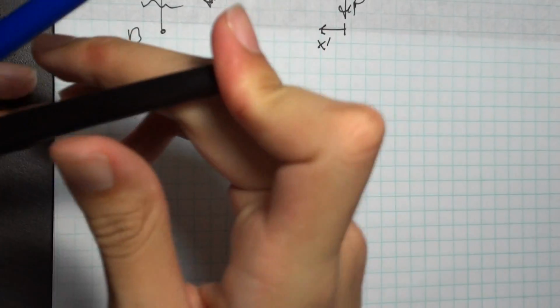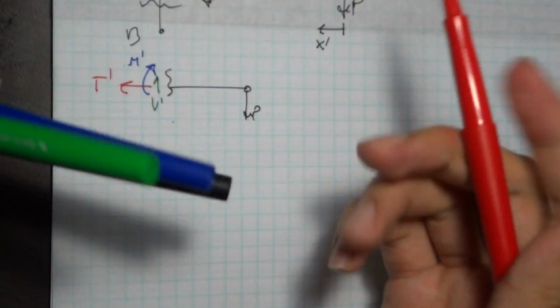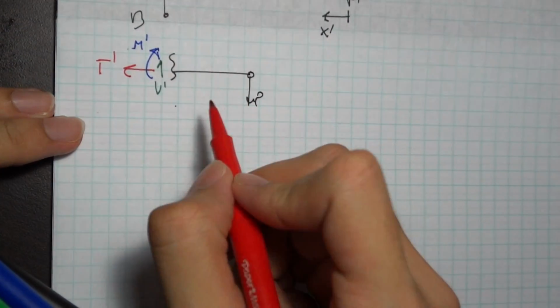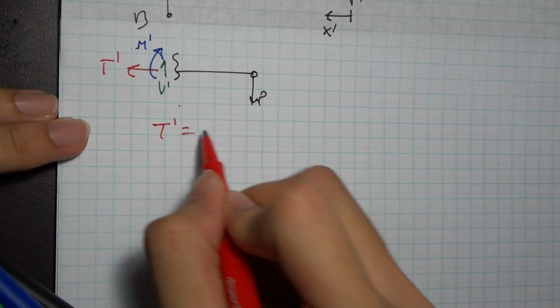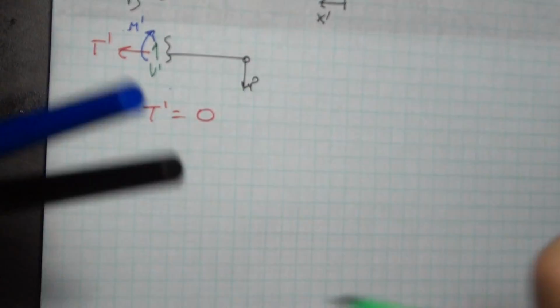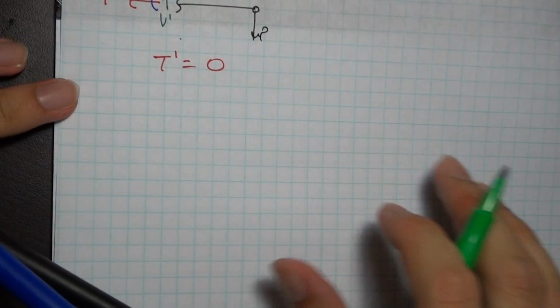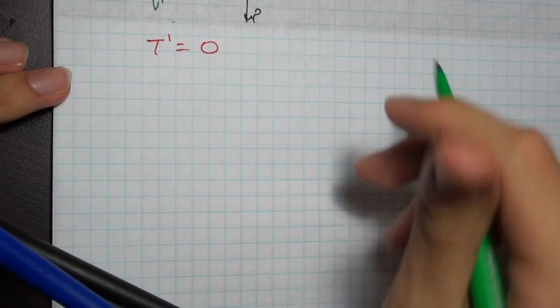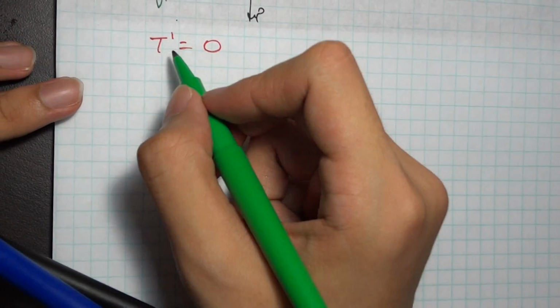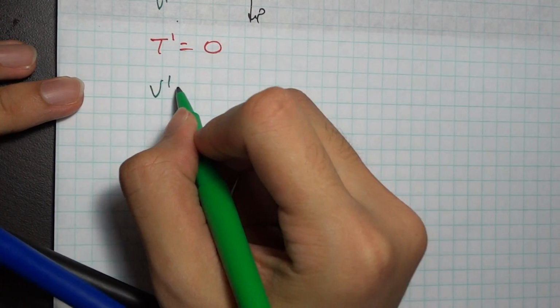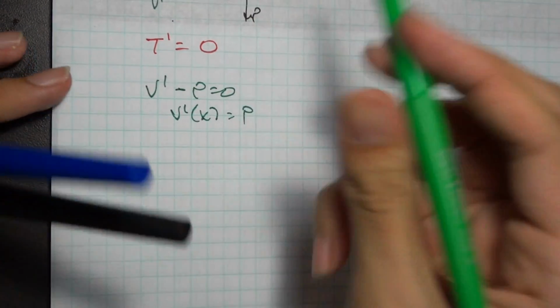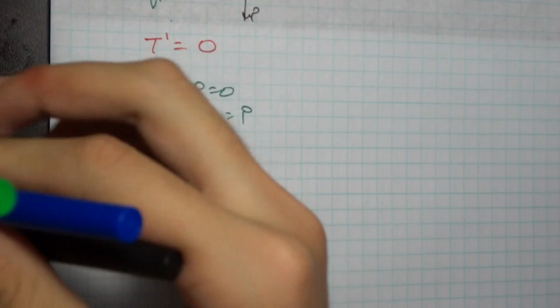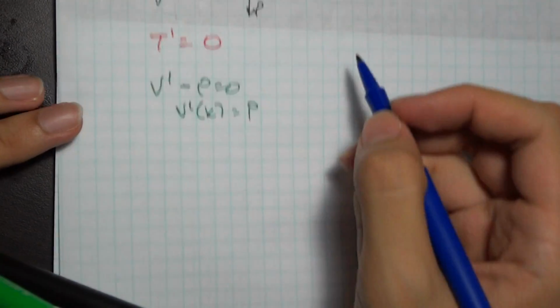So let's work with our axial force here first. There is no axial force, right? So T prime equals 0. Okay, that is easy. I deliberately chose tension or axial to be red because that's the least used color in this. V prime, well, what is V prime? V prime minus P equals 0. So V prime of x equals P. And then what about M prime?